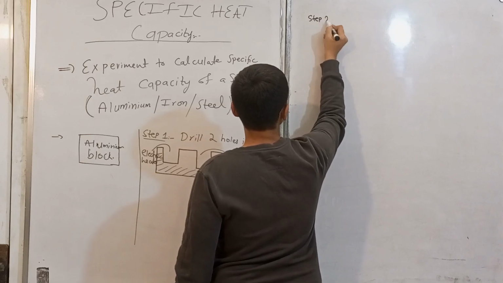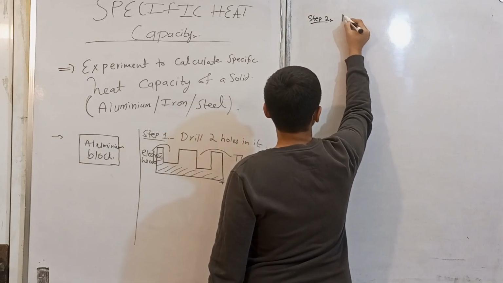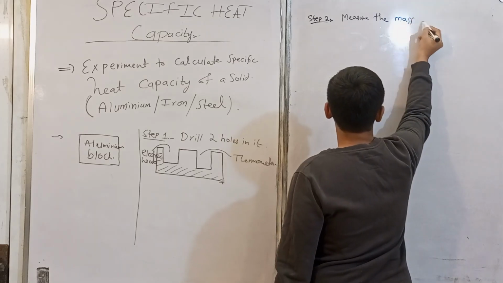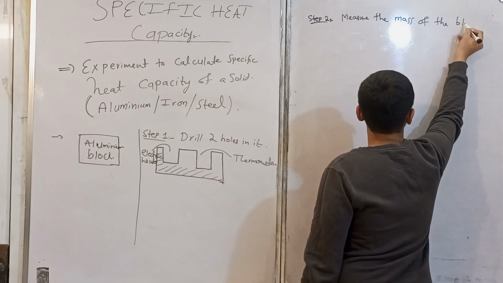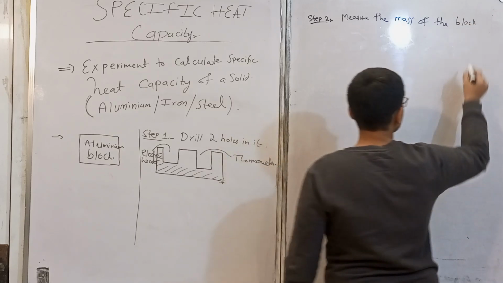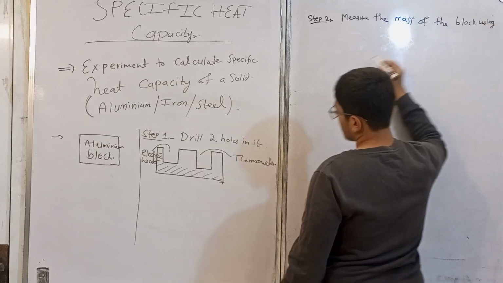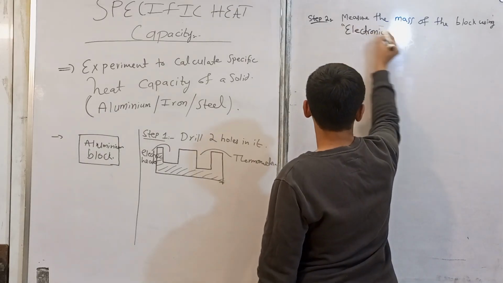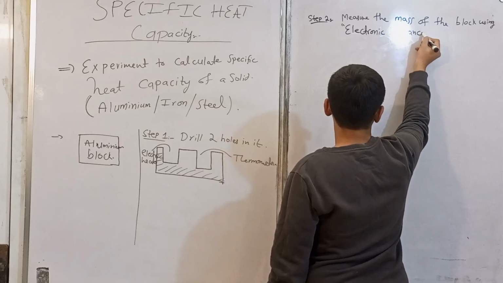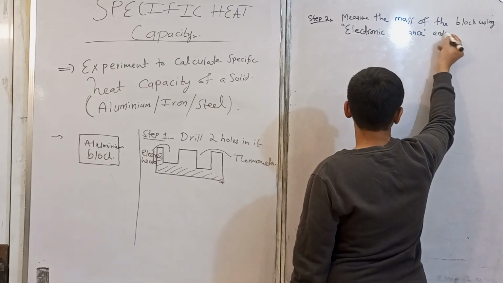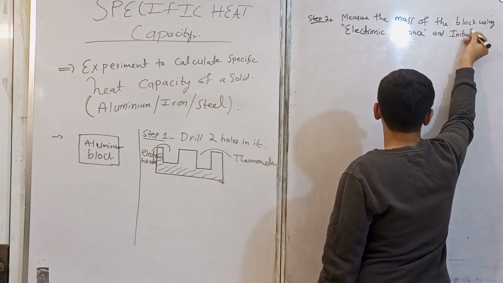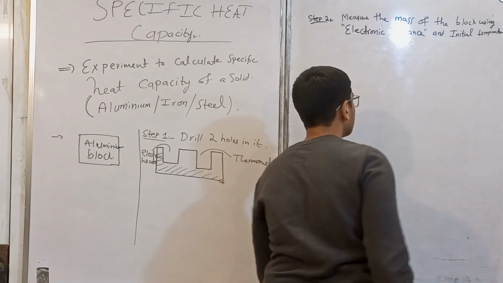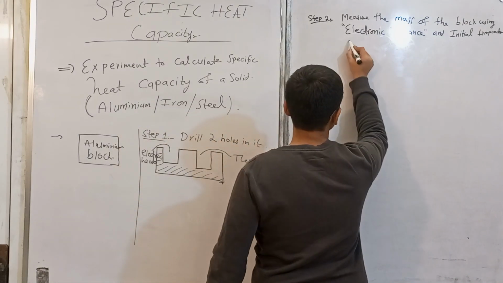Step 2, measure the mass of the block using an electronic balance, and the initial temperature using a thermometer.